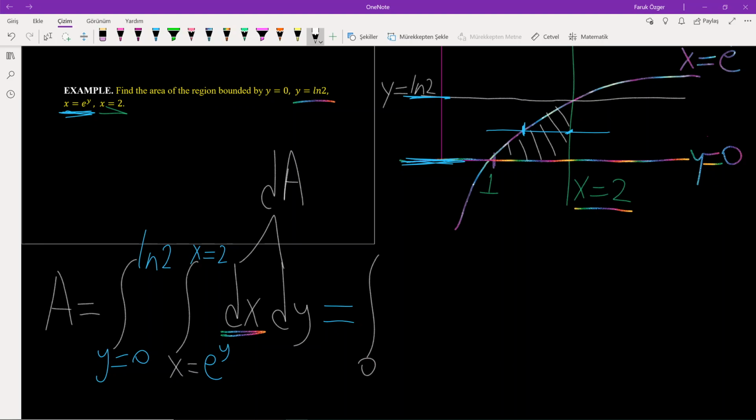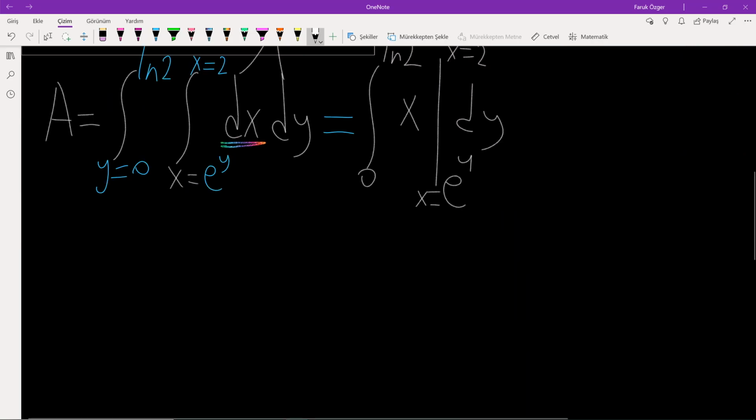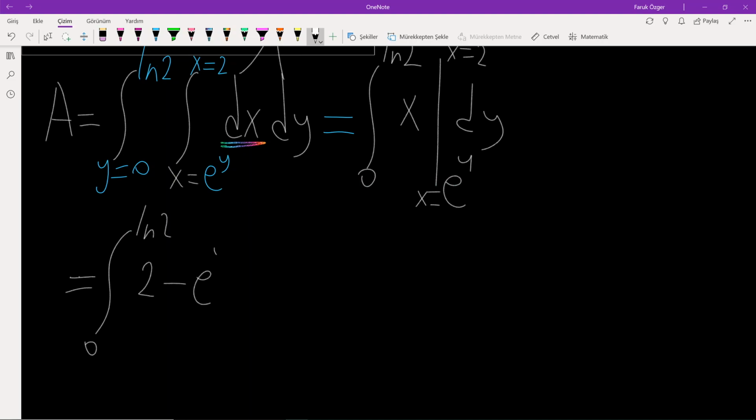The limits of the outer integral are from 0 to ln 2. So the first integral becomes x from e to the power y to 2, dy. Okay. Let's continue here. This double integral is equal to the integral from 0 to ln 2 of 2 minus e to the power y.